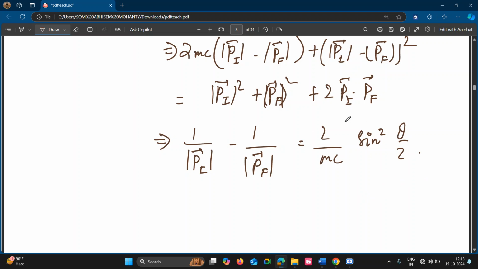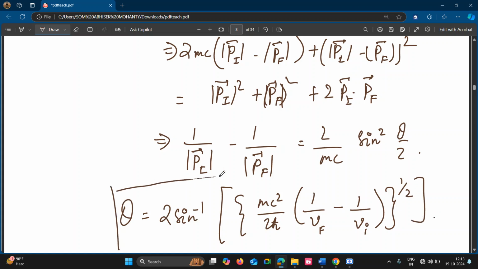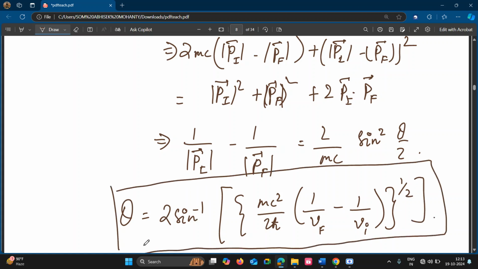So directly, if we do all the things, we can get theta is equal to 2 sine inverse of the square root of mc square by 2 h cut into (1 by vf minus 1 by vi). This is the Compton effect.